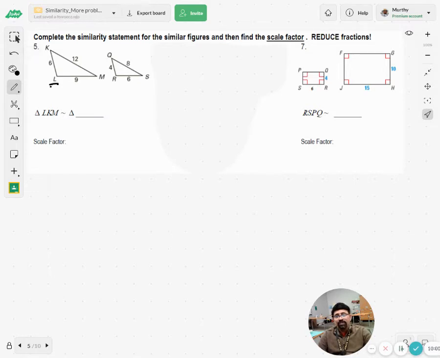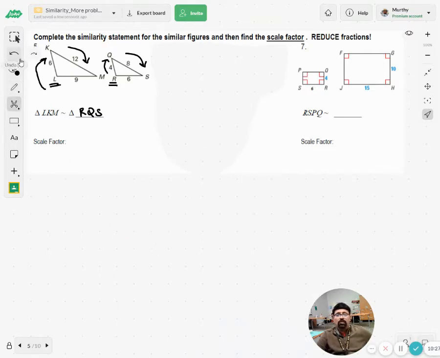I see that L is an obtuse angle, and here R is the obtuse angle, right? Next, K goes to point Q, and the next one is M, therefore here I have to go to S. Therefore, RQS.